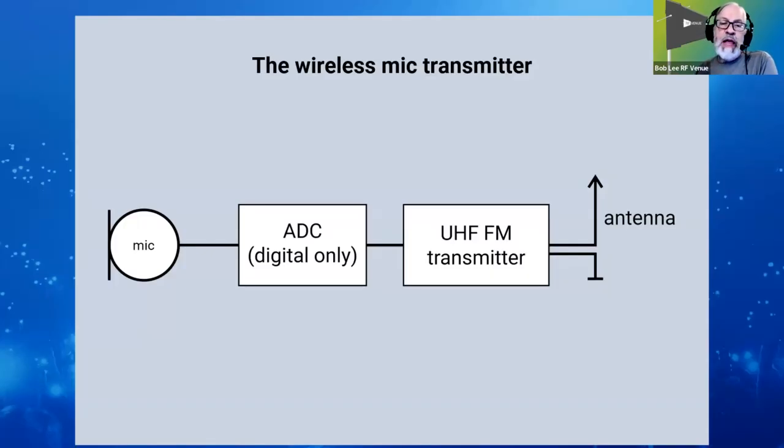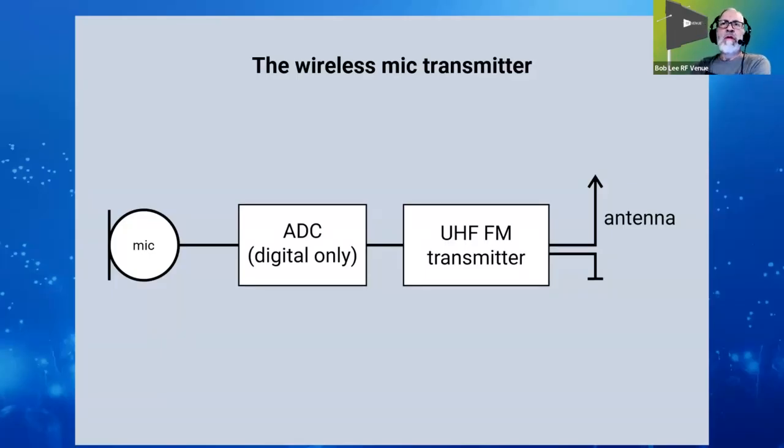Now, in most applications, the typical maximum deviation may run up to about plus or minus 75 kilohertz. That's common in some of the Electrosonics models. Sennheiser's RMS maximum deviation often is plus or minus 40 kilohertz, meaning the peak deviation will be about plus or minus 56 kilohertz.